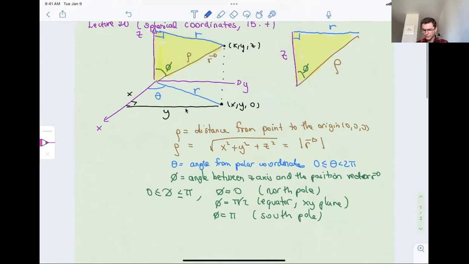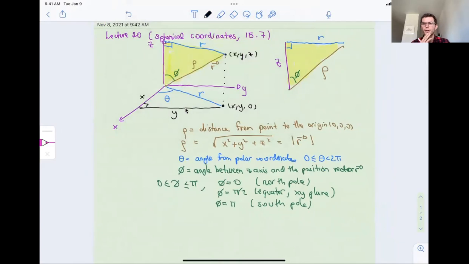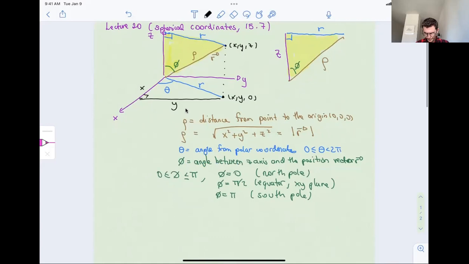So what does this tell you? What is cosine of phi? Cosine of phi equals z over rho. And what is sine of phi?